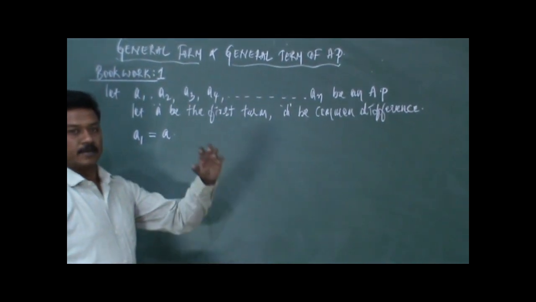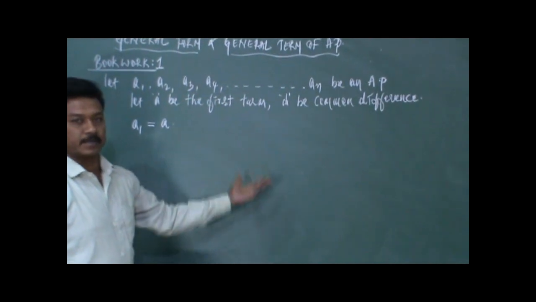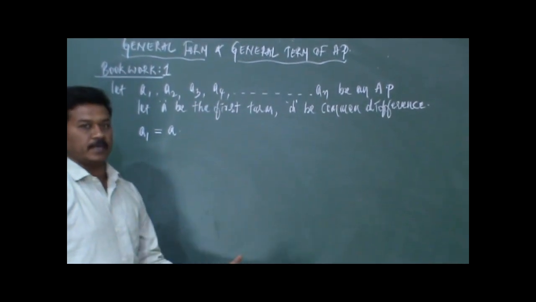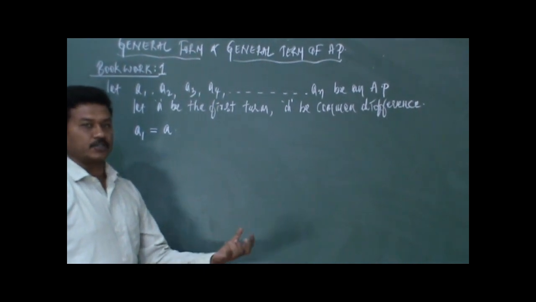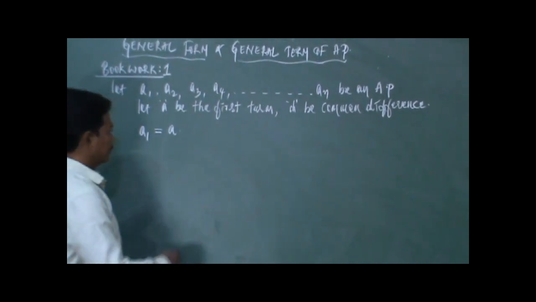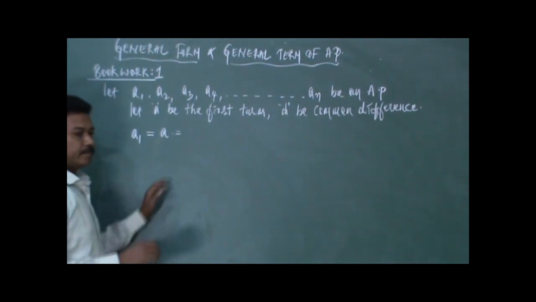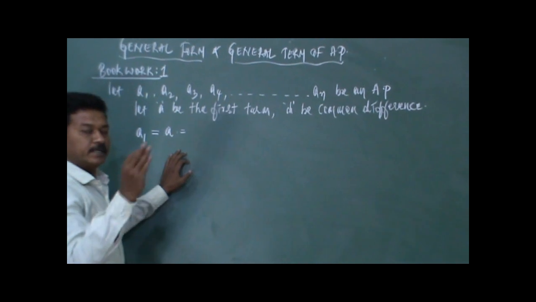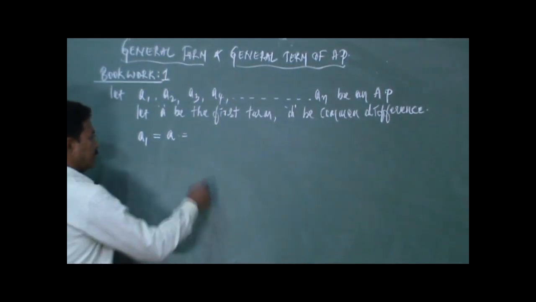In the sense, we do not get the first term by adding common difference to any number. So first term comes from anywhere. It is not connected to the common difference. So therefore, a1 is a, where d is not added to something to get a.